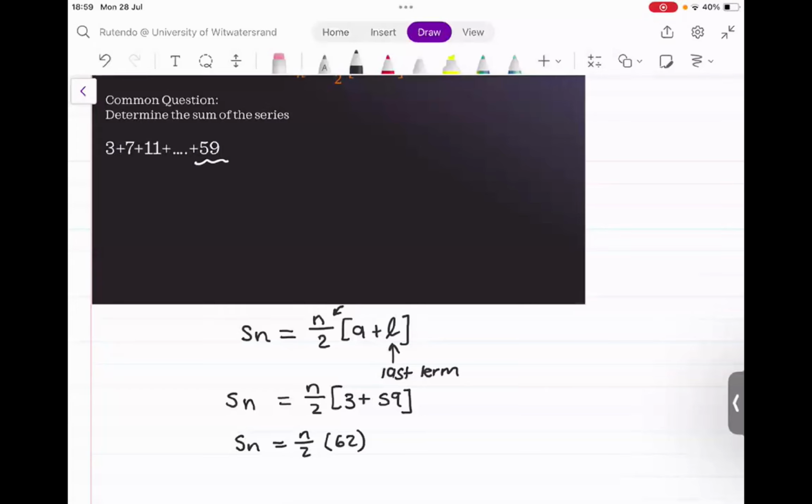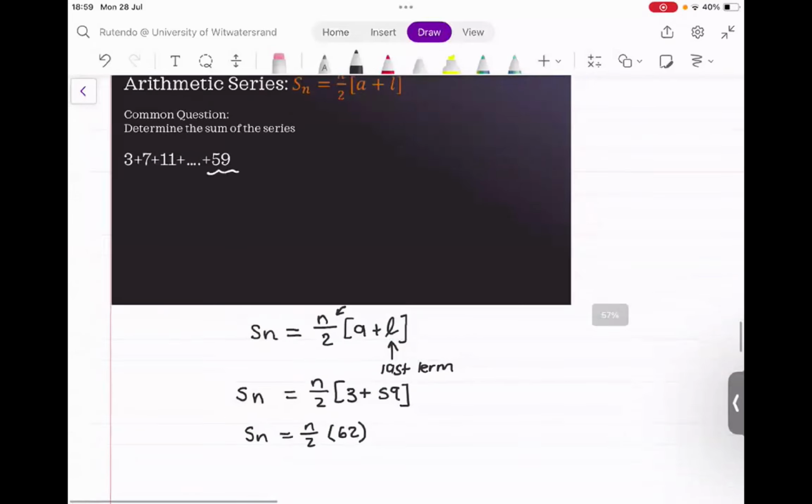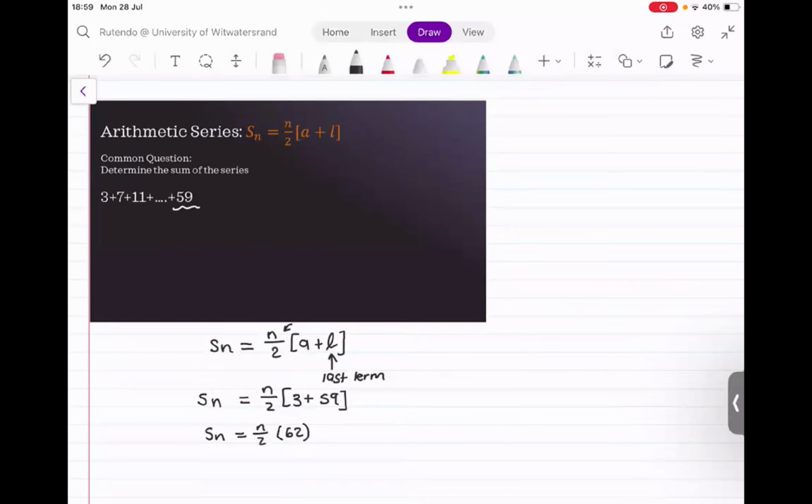So how can we find that? How can we find the number of terms that we need, or how many terms are in the sequence? So this means the sum for all of these, right?